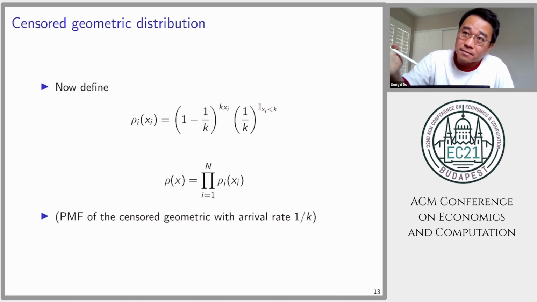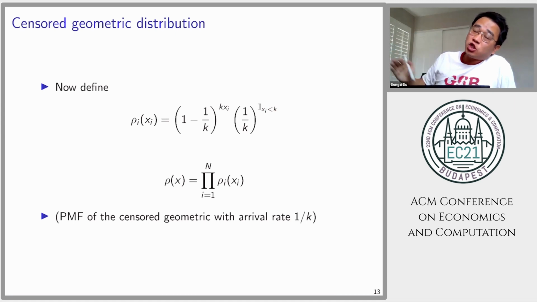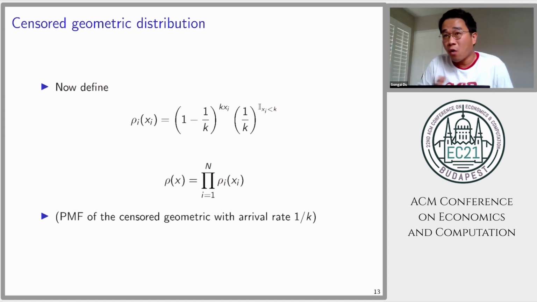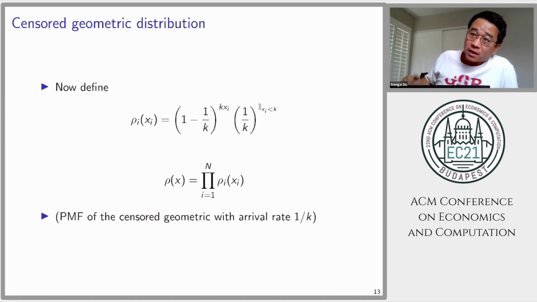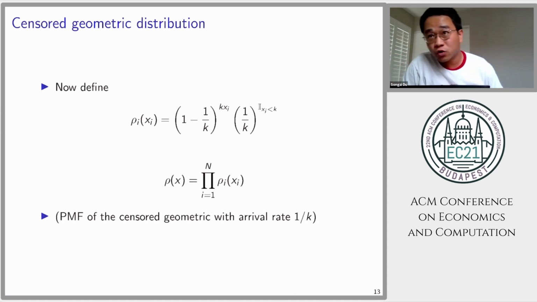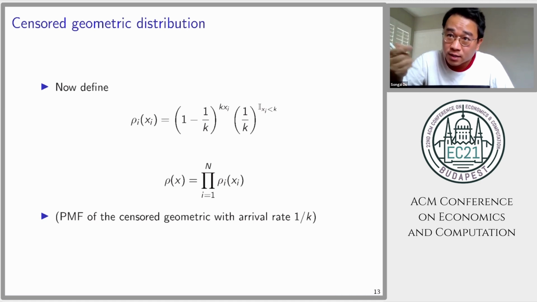We have an atom on xi equal to k. Essentially a geometric distribution is on all positive integers, but for integers outside of our grid, we put all of that mass on the highest signal in our grid.